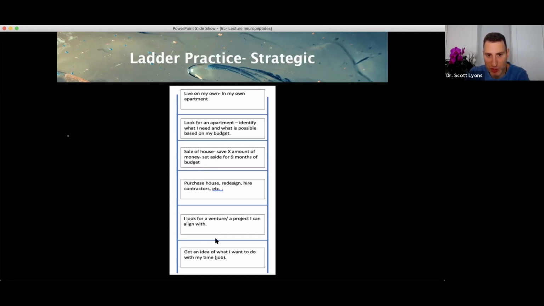So as I mentioned, my client who I was working with had not completed this ladder. We spent time really taking in the body felt sense of having completed the first step and the second step on the ladder. This is important.